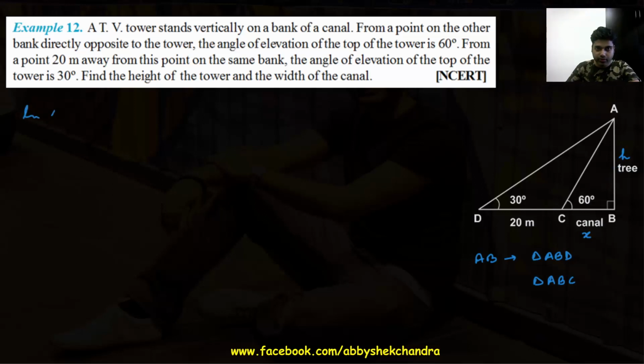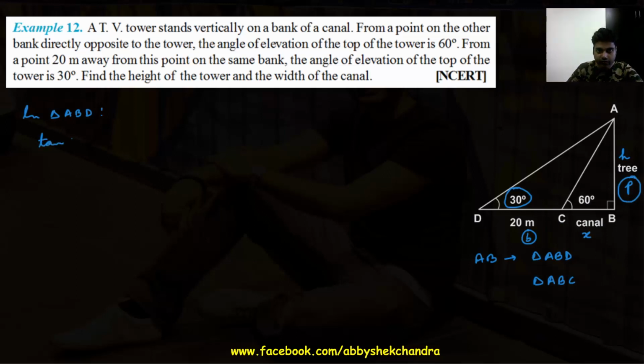So in triangle ABD, now see, this is the angle 30 degrees, and with respect to 30 degrees, this side AB is the perpendicular and BD is the base, right? So we are going to use tan theta.